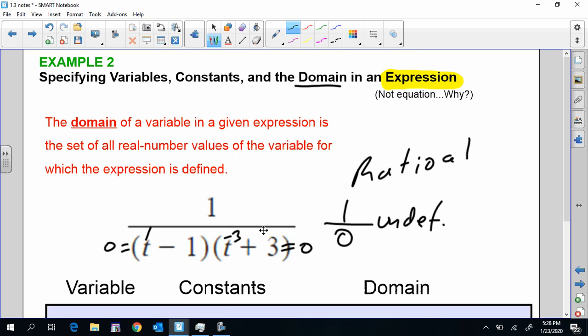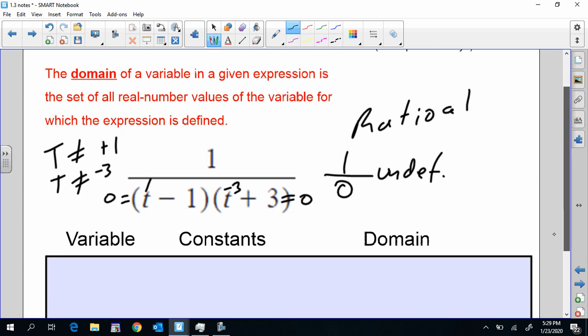Once you know what the restrictions are, t cannot equal -1, and t cannot equal +1, and t cannot equal -3. Those two restrictions then will be stated as part of what's left for the domain.